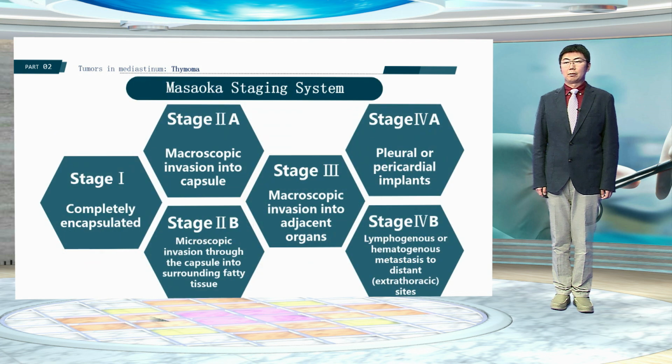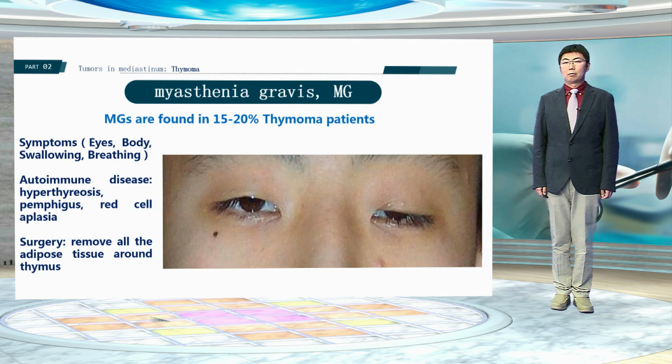The Masaoka staging system is much more often used in clinics. Four stages are divided by the extent of invasion of the tumor. Myasthenia gravis, MG, is found in 15 to 20% of thymoma patients. When thymoma patients suffer from MG, they have muscular weakness symptoms such as ptosis, dysphagia, and even dyspnea.